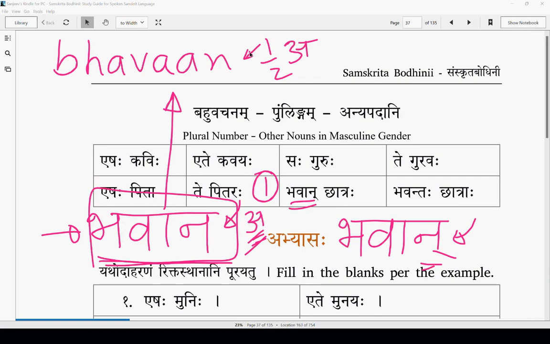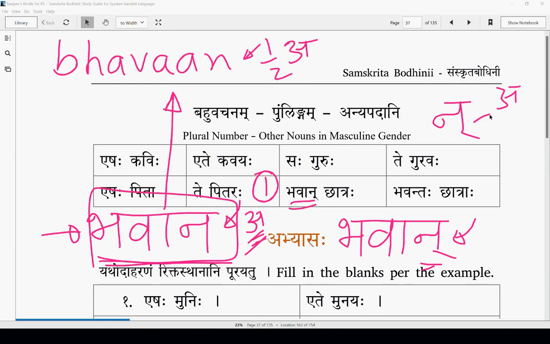So when it's Bhavan, Bhavan, without the a it is not going to come out, this na, because what is the sthanam of na? Uchcharana sthanam in the mouth.